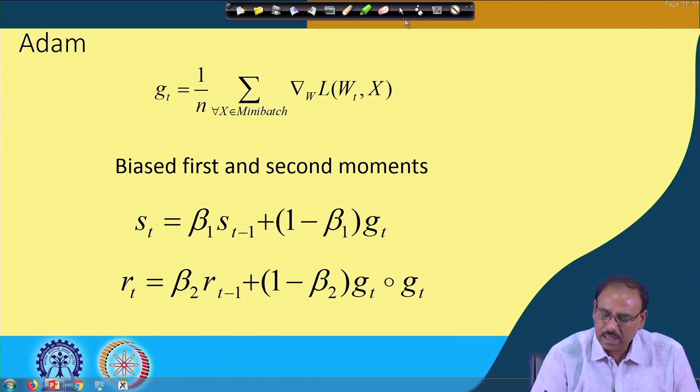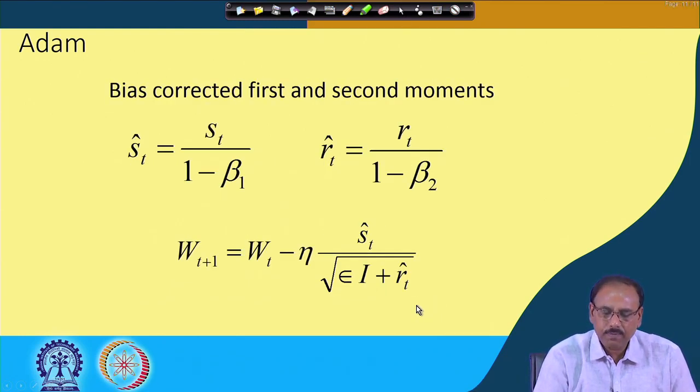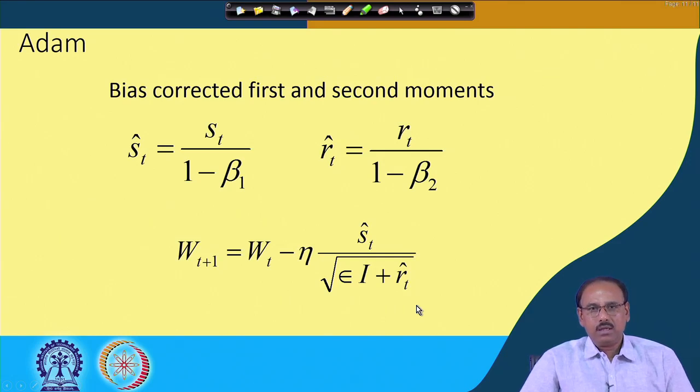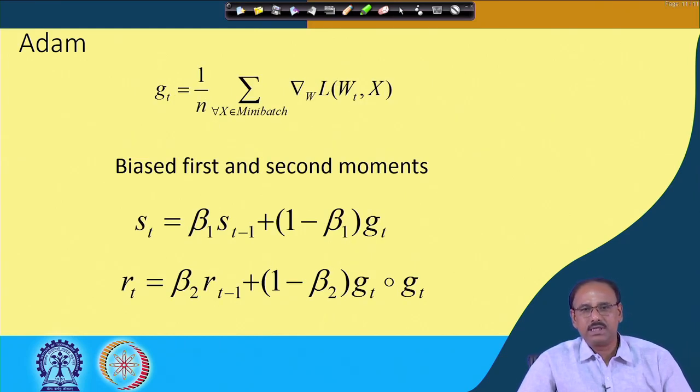So, in order to take care of this bias, the Adam algorithm goes for bias correction, and it takes St hat, which is the bias corrected first moment, which is St upon 1 minus beta 1, where the computation was St equal to beta 1 times St minus 1 plus 1 minus beta 1 times gt.